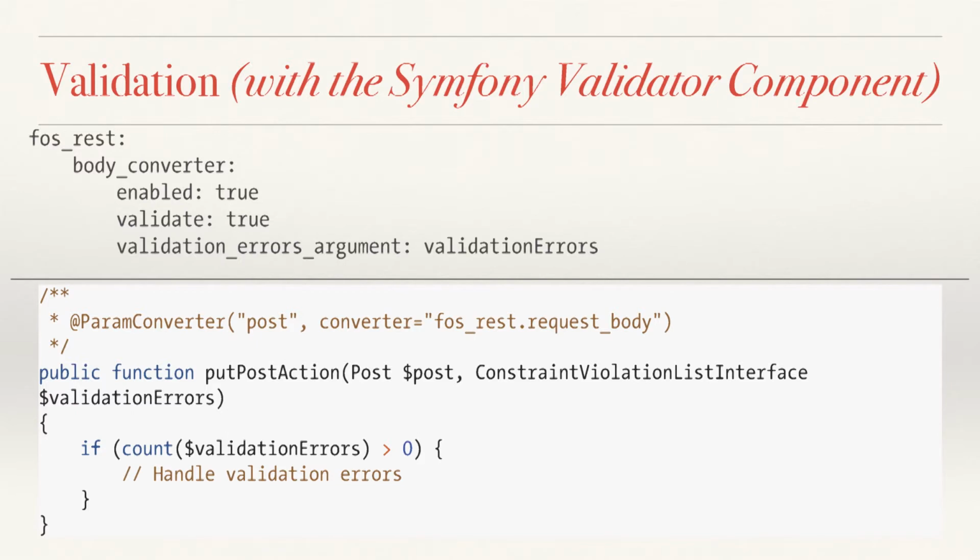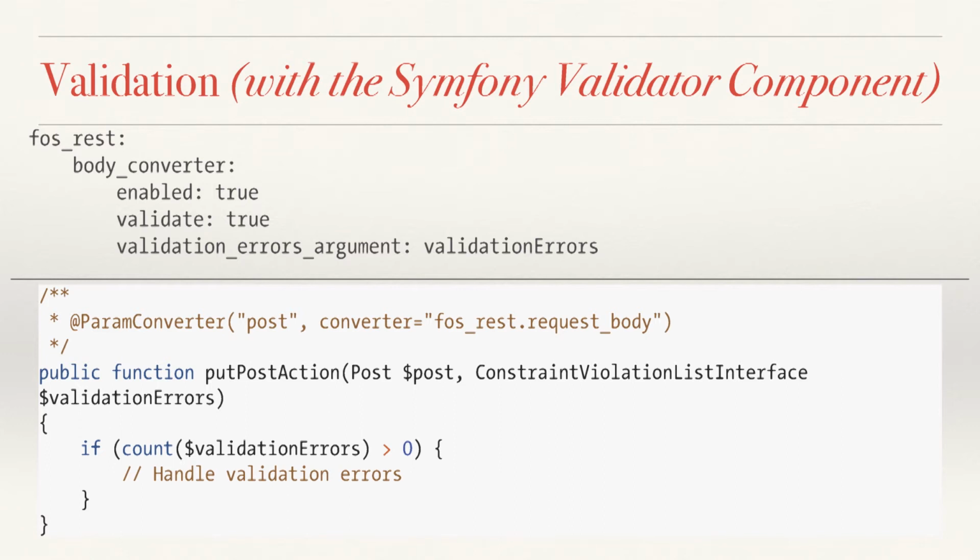There is also validation. Of course, it works with the validator component. If you don't have it, it won't work. First of all, you have to enable it in your configuration. And put the special configuration validation error argument.